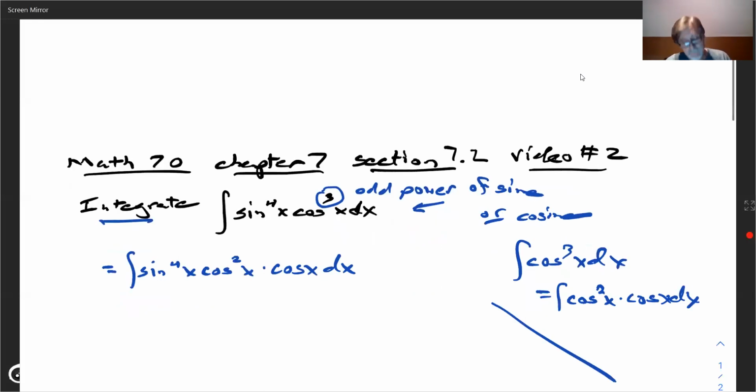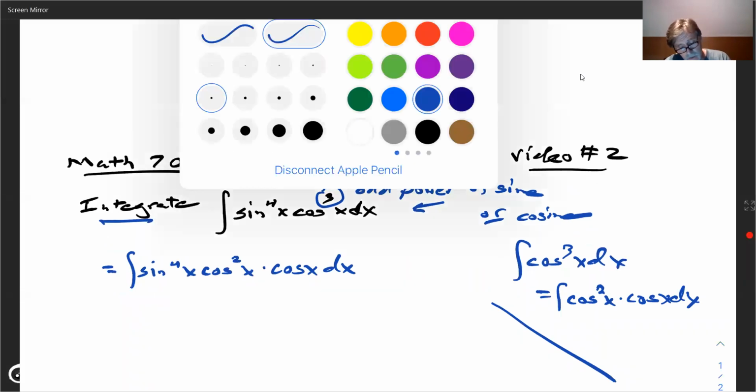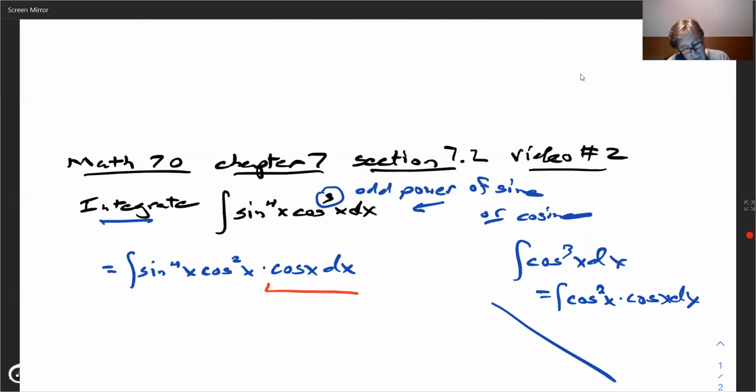What we're setting this up to be is a u substitution where this guy is going to be my du. So the thinking is I need to get everything in terms of u. Let u equal sine so that du is equal to cosine dx, which is all of that. So anybody who's sine turns into u.